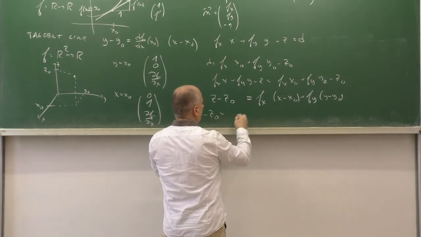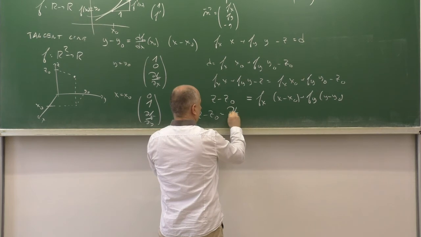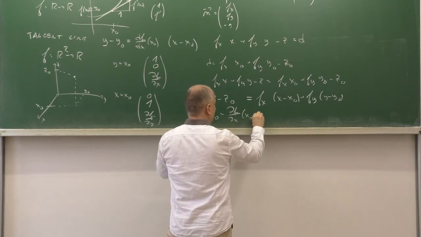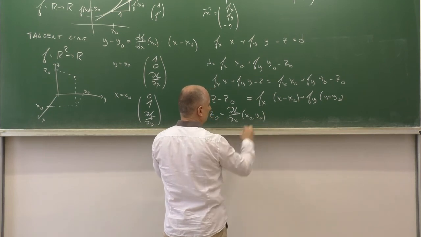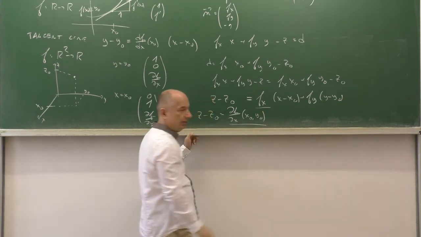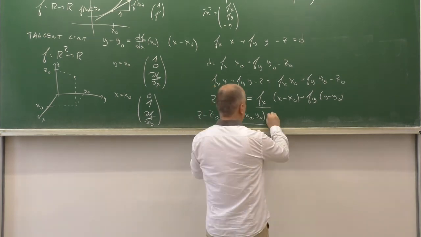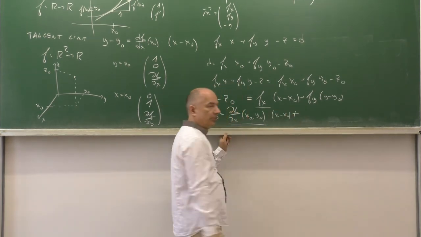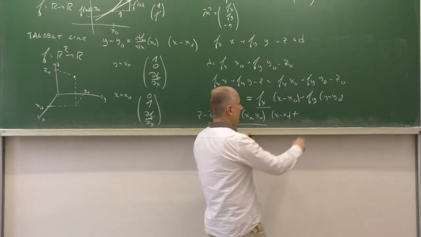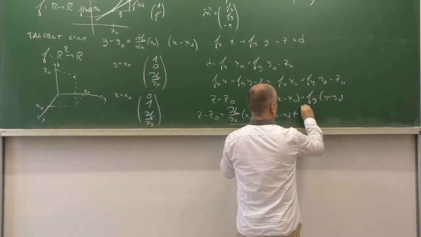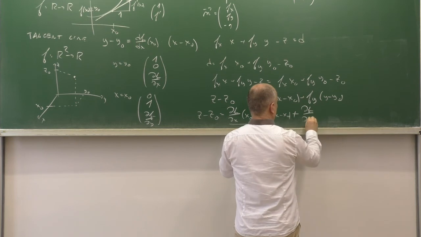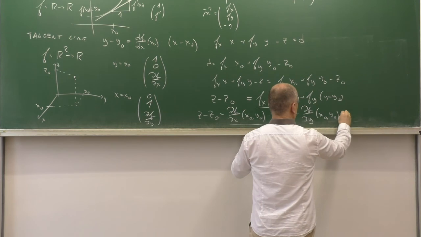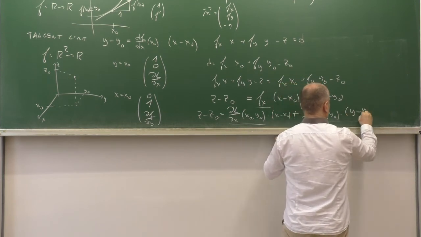And if you don't like this notation, you can write df/dx at the point x0, y0, times the bracket x minus x0, plus, and if you want to write fy as the partial derivative of f with respect to y at the point x0, y0, times y minus y0.